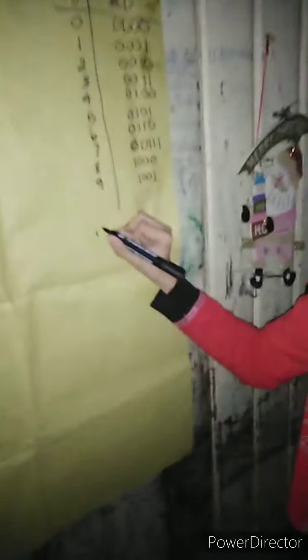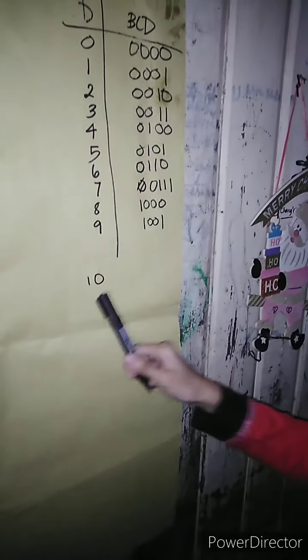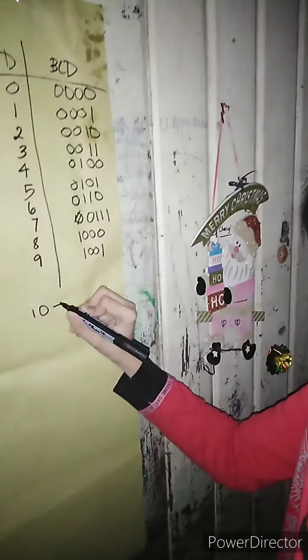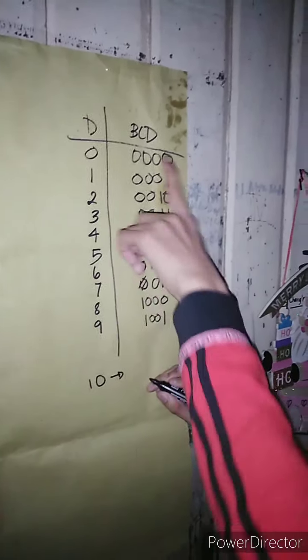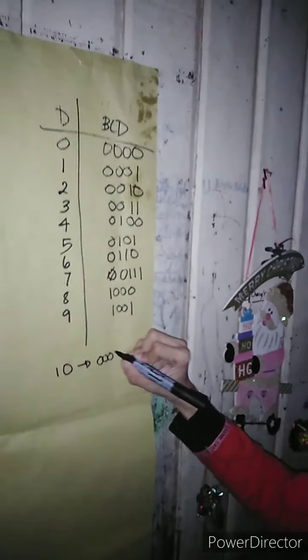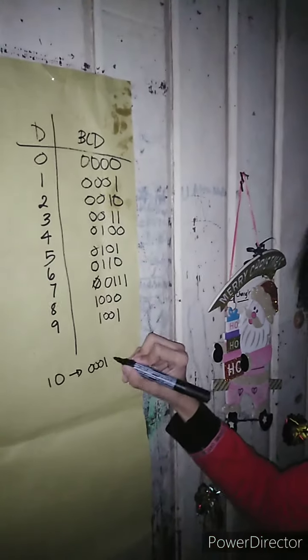So question, how can we represent 10? Take note that 10 has 2 digits. We have 1 and 0. For 10, its BCD is, we will take this 0, 0, 0, 1 and this one.